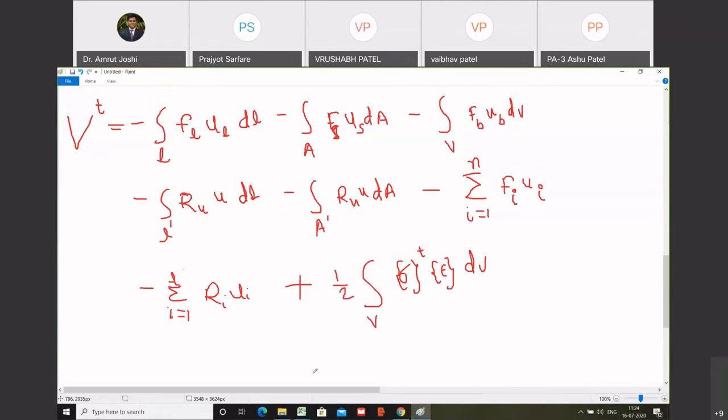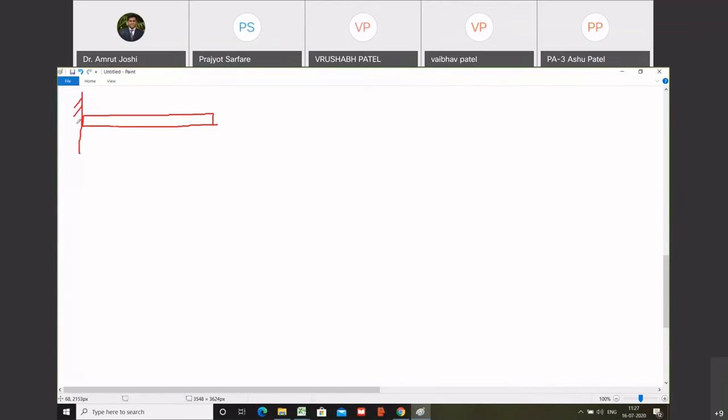Do you agree with me? Yes, sir. And we have to minimize this potential energy. This is the problem that we were solving. And you had a uniformly distributed load over a 3-meter run. This bar had area A and modulus of elasticity E.